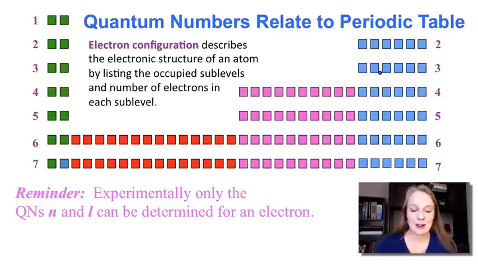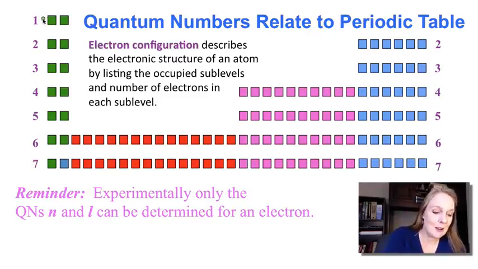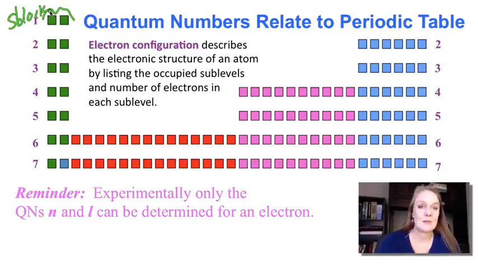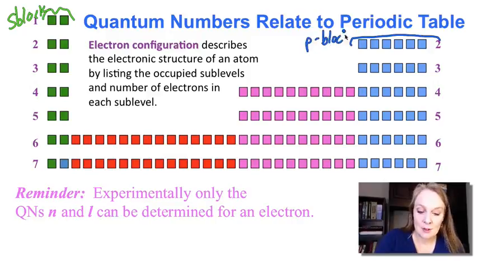So if we look at the periodic table, we see that we have what's called the S block. There is the P block over here. So the lightest elements only have S and P types of orbitals, in the ground state anyway.